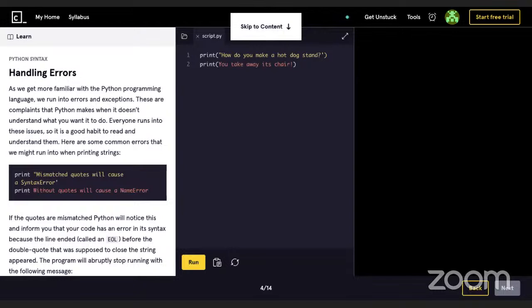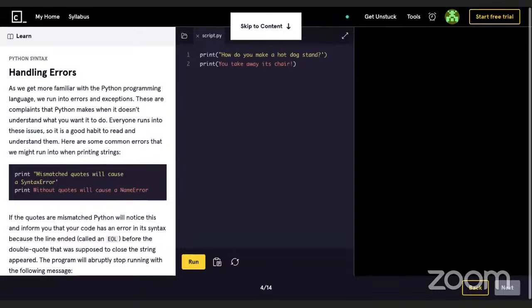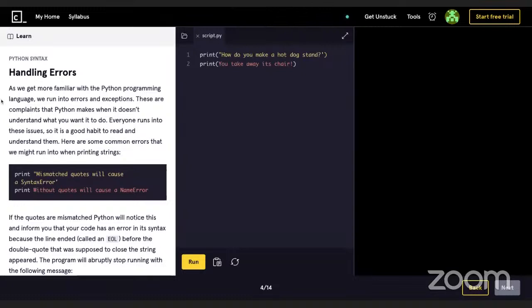Where it says you take this chair away, you need to put quotation marks. So you have to scroll down, Lola.